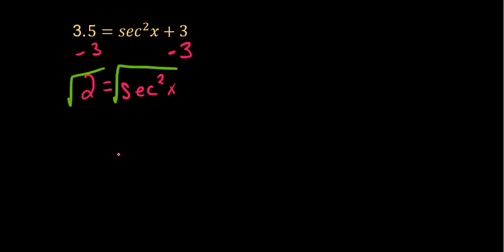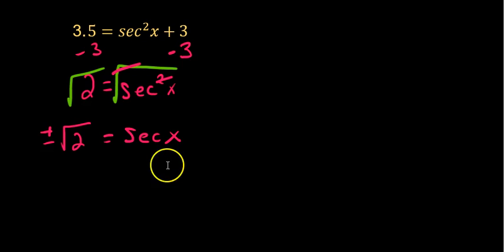So I square root both sides, and again the square root and the square cancel, so I have secant x equals the positive and negative square root of 2. And then I think about what in the world I can do to solve that, because I don't typically know my secants off the top of my head. I know my sines, my cosines, and probably your tangents. But secant doesn't come to mind unless you are really involved in knowing your unit circle.